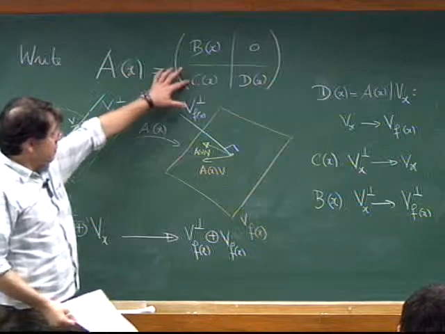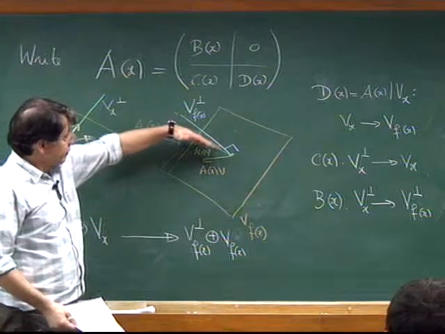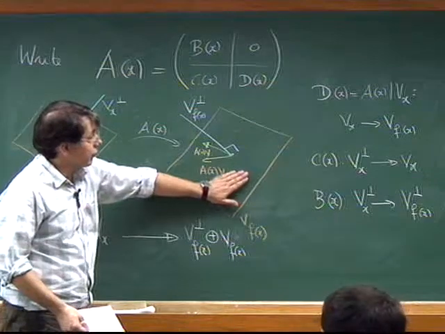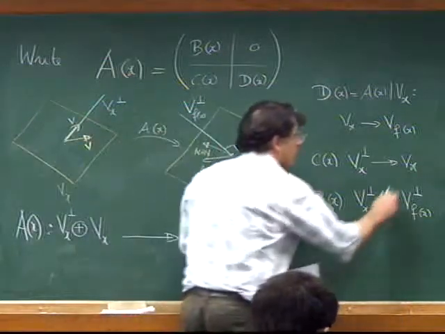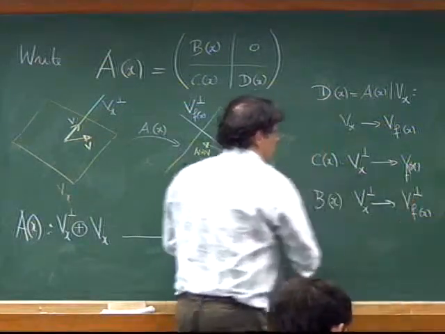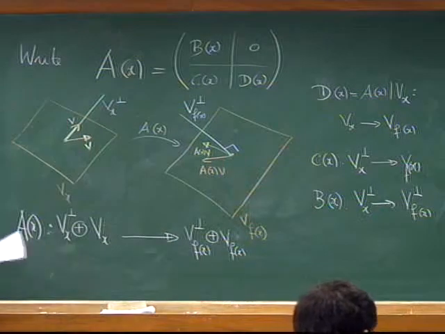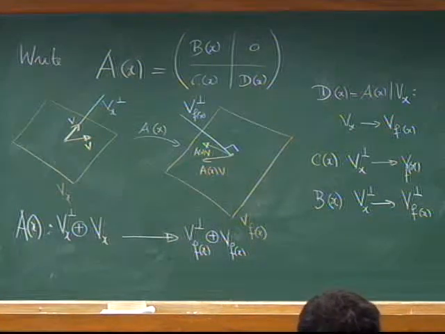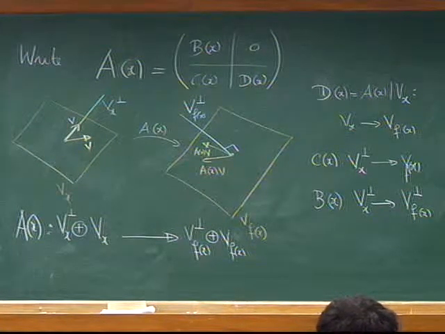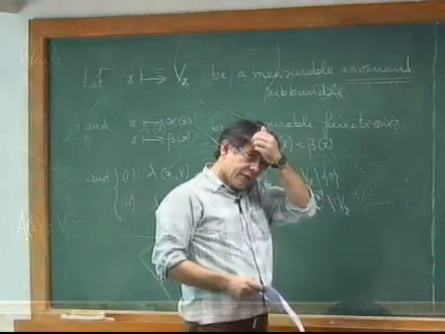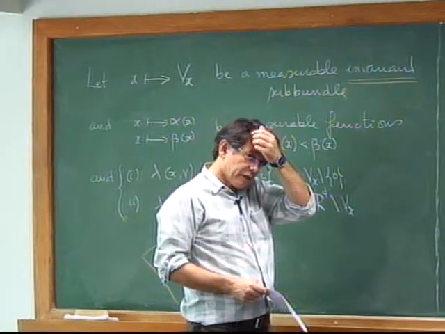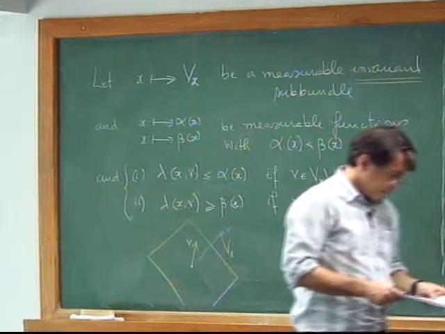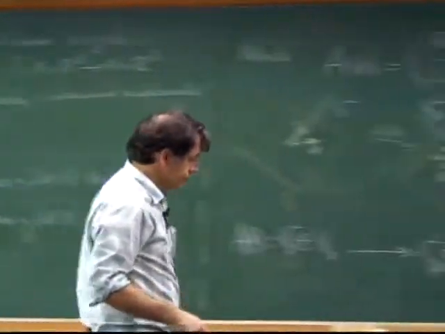And then C tells us what is the component in the direction of f of x, and B, what is the component in the direction of f of x orthogonal. Okay? So C is 0 precisely if the orthogonal is invariant. Okay?